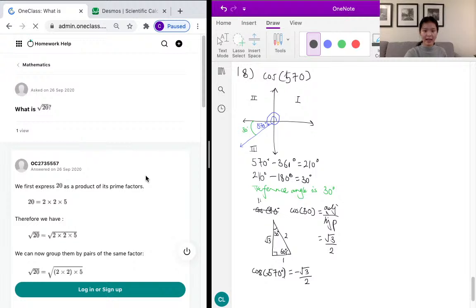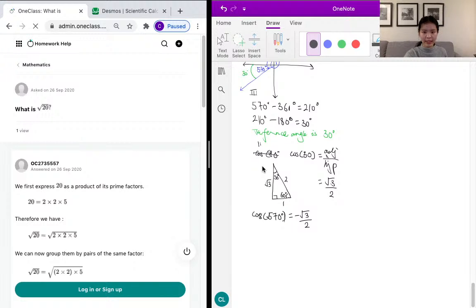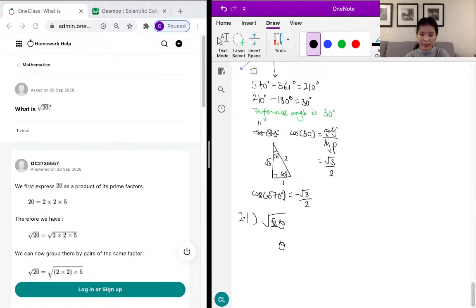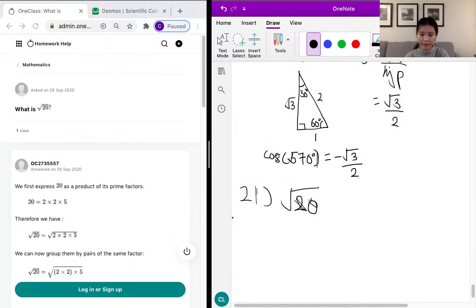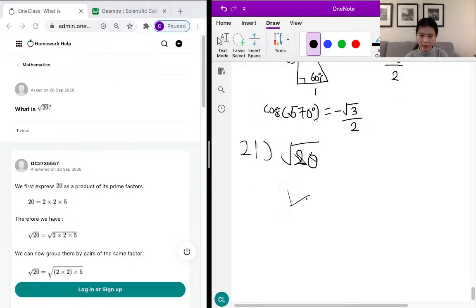Okay, our next problem is actually asking us what is root 20. This should be a really quick problem because it's quite straightforward. Again, we use prime factorization. Let's write 20 again.